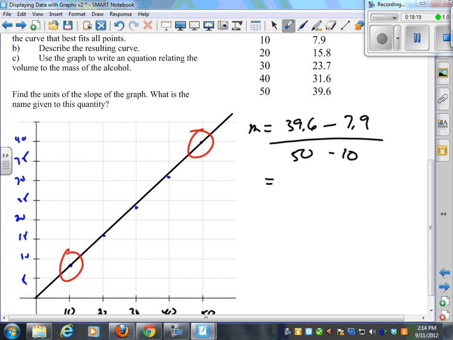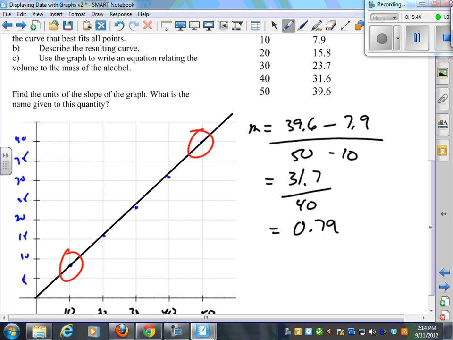Thanks, Ben. 31.7, I guess I could have done that in my head, divided by 40. And what is the answer? It would be 0.79. 0.79? Sounds pretty familiar. 0.79 is the slope. What should the y-intercept be?